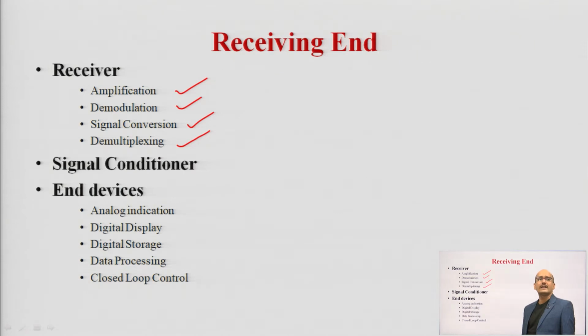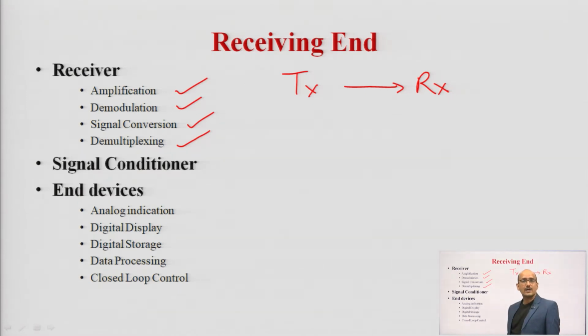Now, why is it required? It is required because when the signal is coming from the transmitter to the receiver, as you all understand from communication systems, noise is present everywhere. So, what is that noise?